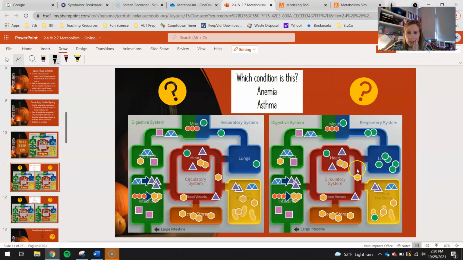I have two models for you. One represents anemia and one represents asthma. So I want you to take a second, pause this, figure out which model you think belongs to anemia and draw a line, and which one belongs to asthma and draw a line. So one picture for each of those to figure out which condition goes with each model. Okay, so pause and do that and then come on back.